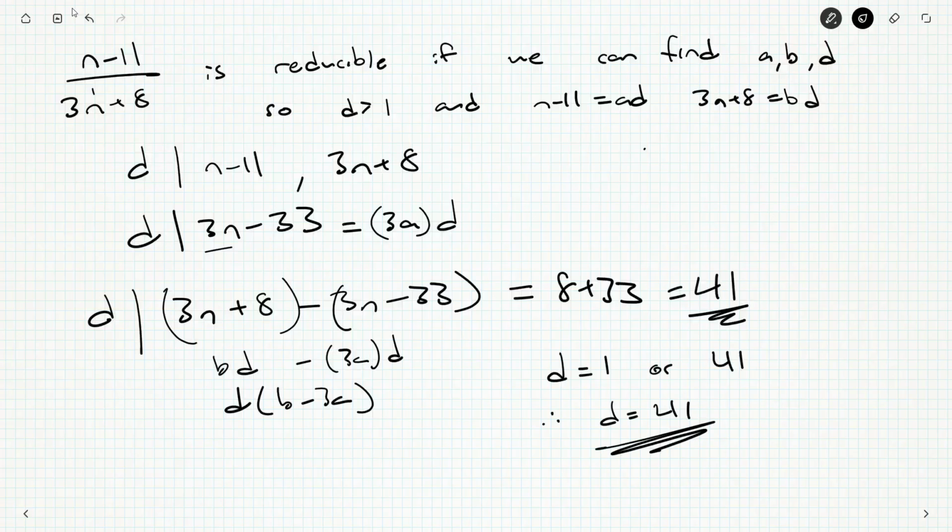So n minus 11 needs to be a multiple of 41, but also, rather crucially, 3n minus 33 needs to be a multiple of 41 too, and 3n plus 8 needs to be a multiple of 41. So let's think about this. If n minus 11 were just 41, could we do that?